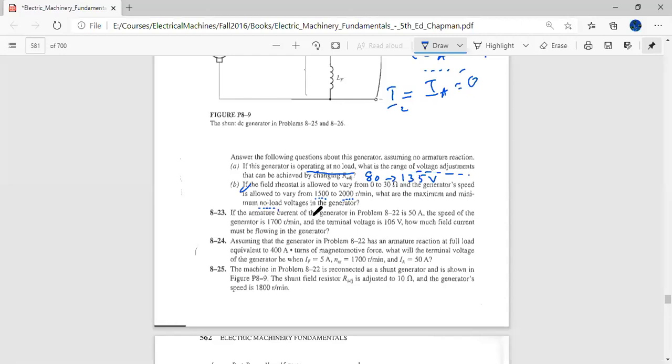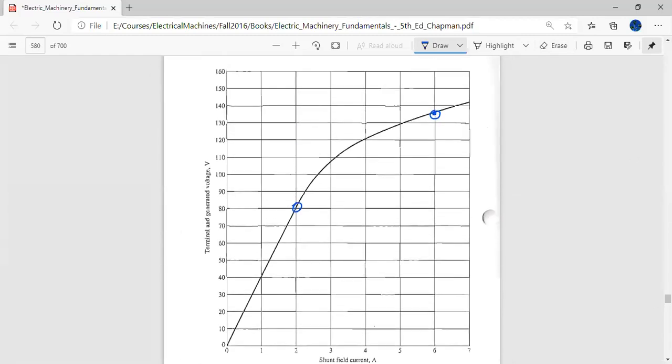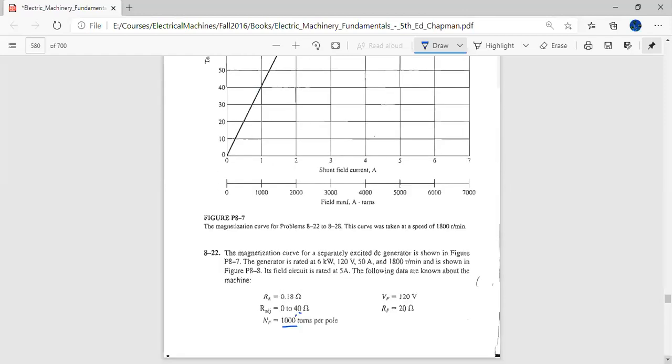So again, it is talking about no load system. That means EA and VT are same again. Okay, at no load. And now it is saying that we are varying the RPMs and we are varying the IF, and we have to note that this particular graph is for the rated conditions.